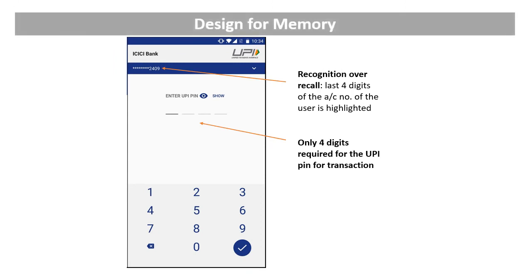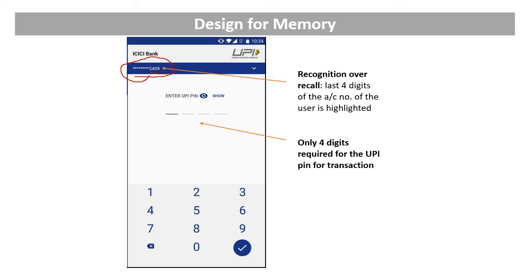So again, this is a screenshot from the UPI app, and as you can see here, for recognition over recall, only the last four digits of the account number of the user are highlighted, so as to make the user aware of which account the transaction is taking place from, right?